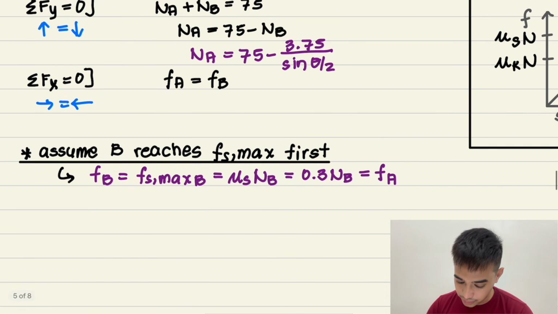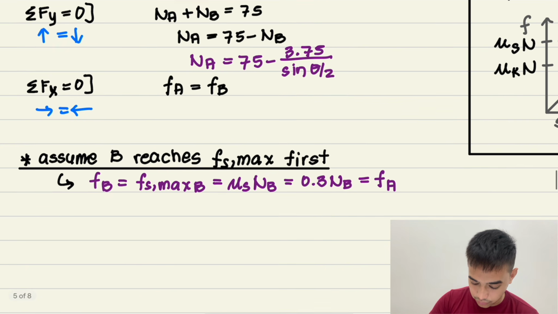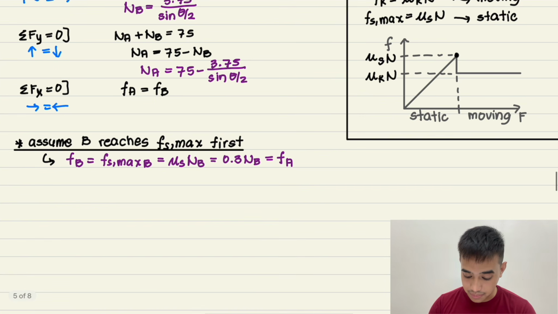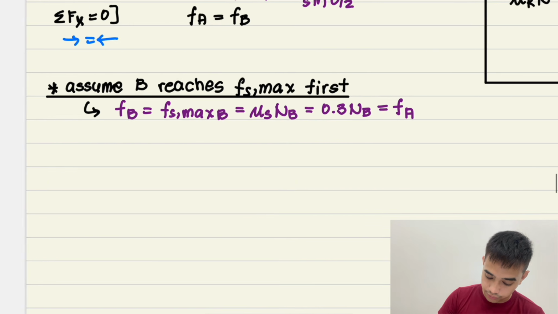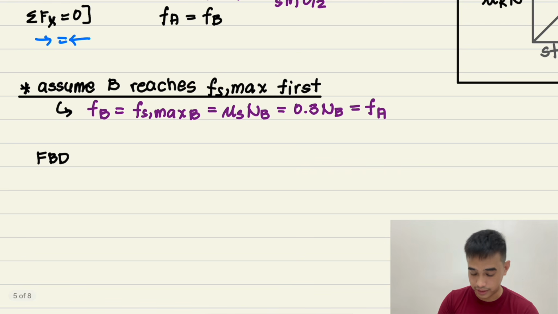Now we have already this equation, and we've created another equation, which is this with this. So we have to create another relationship for FB and NB in order to be able to solve for the angle theta. And in order to do that, we create another free body diagram. The free body diagram of one of the legs of the ladder.